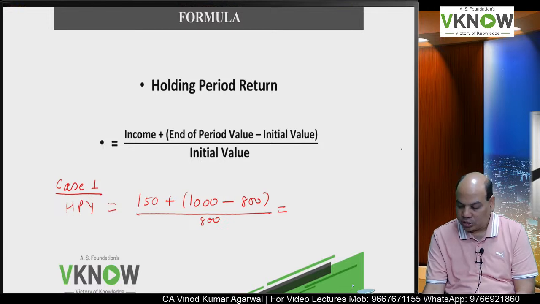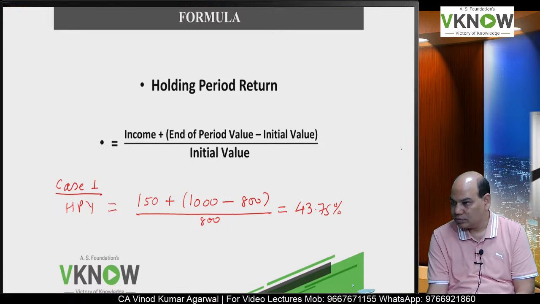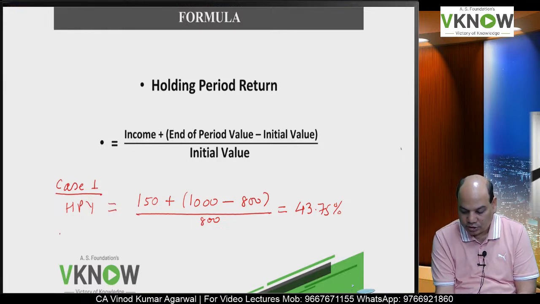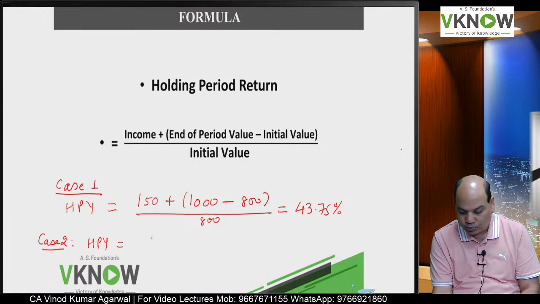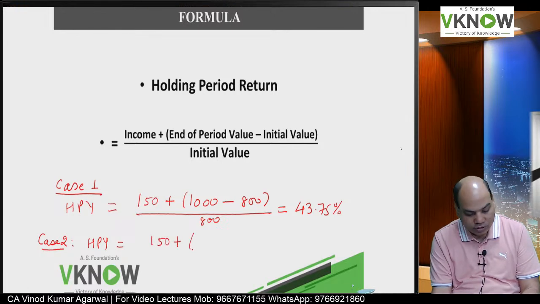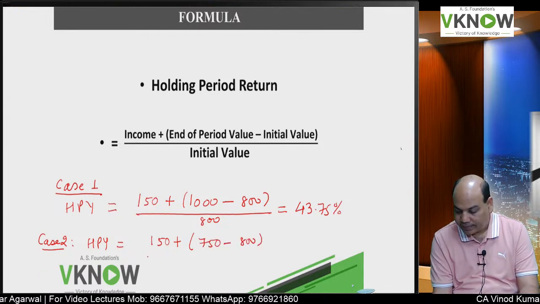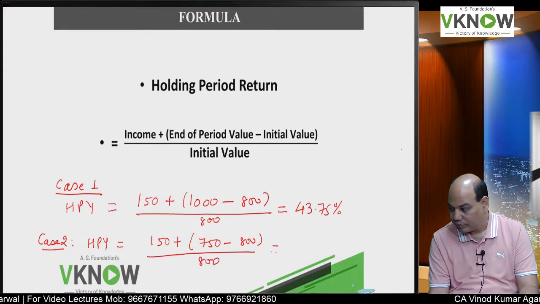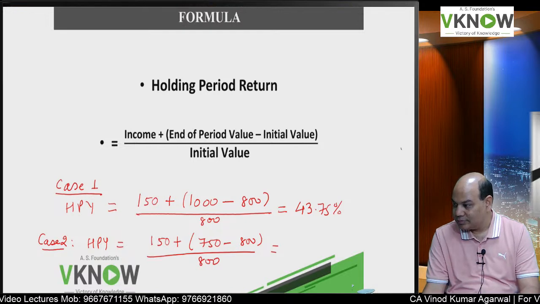Into 100. So 43.75% is right. Divya is right. Case 2 right. HPY. Now coupon will be the same, but the end of the period value is 750 minus 800 divided by 800. So how much is the answer now? Come on, Roshni. Yes, Amol, come on.